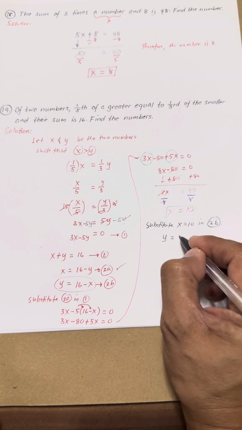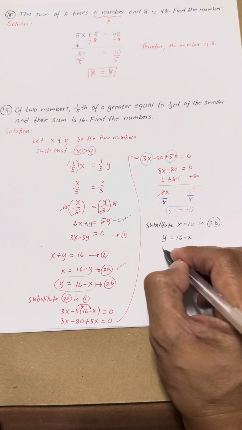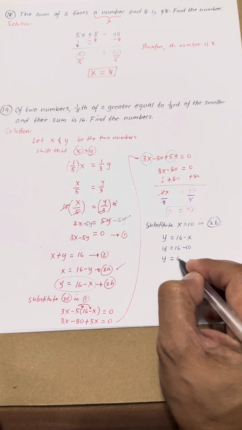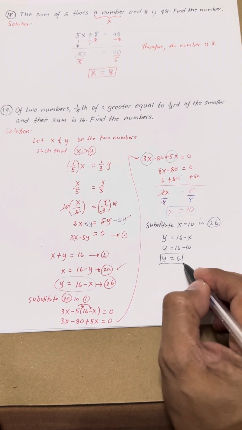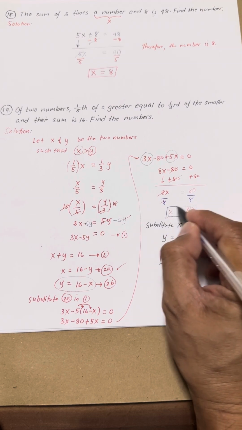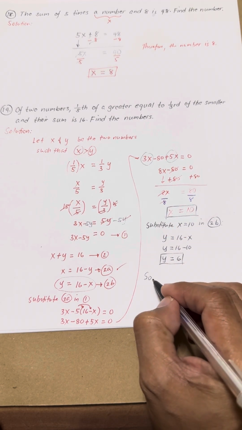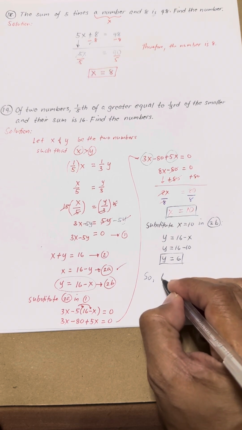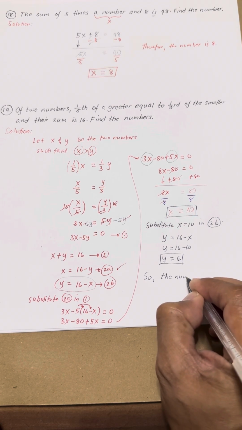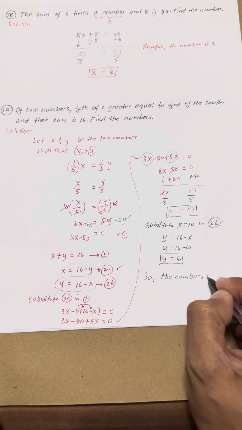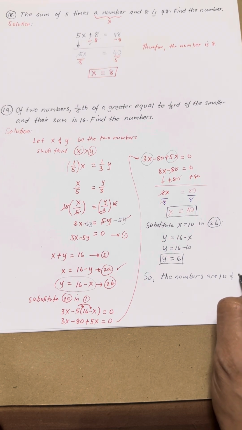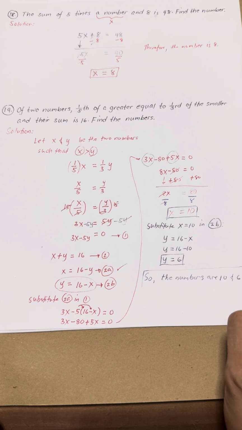So y equals 16 minus x, but x is equal to 10. So 16 minus 10, and y is equal to 6. We got our y, and we got our x. So the numbers are 10 and 6. This is our final answer.